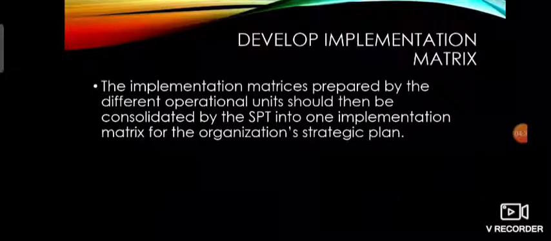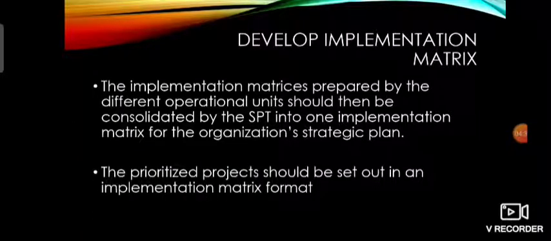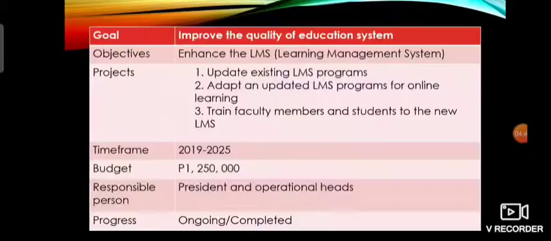Okay, then the prioritized projects should be set out in an implementation matrix format. Okay, so let me show you an example of an implementation matrix format, right?